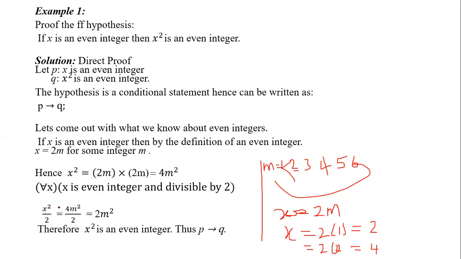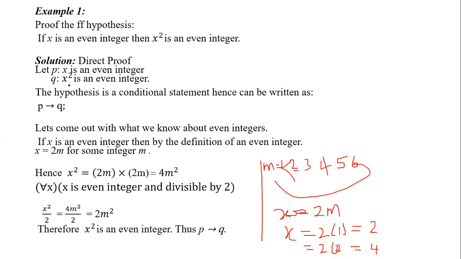So I'm saying that the definition of an even integer is given by x equals 2m for some integer m, where here we are talking about positive integers. That's what we know about even integers, 2m.